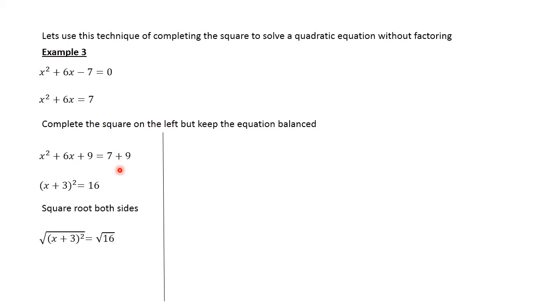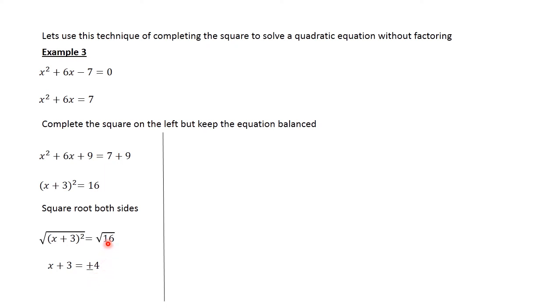Well, what's next? Why don't we square root the two sides now? If we take the square root of this side, we also have to take the square root of this side. When we square root something which was already squared, it removes the square. So we're left with just simply x plus 3. The other side, though, becomes plus and minus 4. Don't forget that when you square root something, you're going to get two answers.